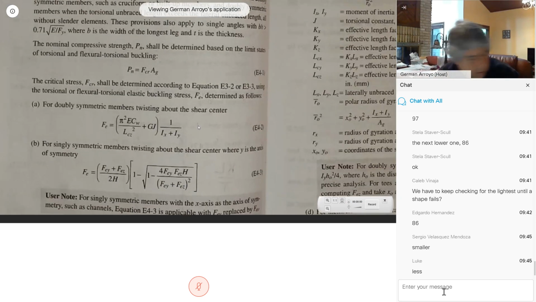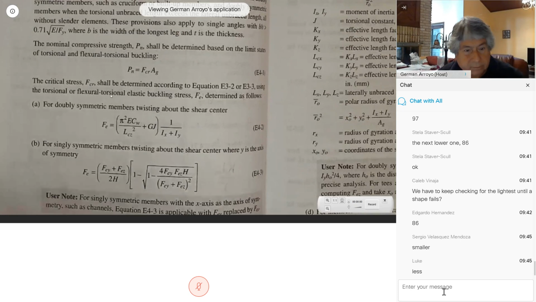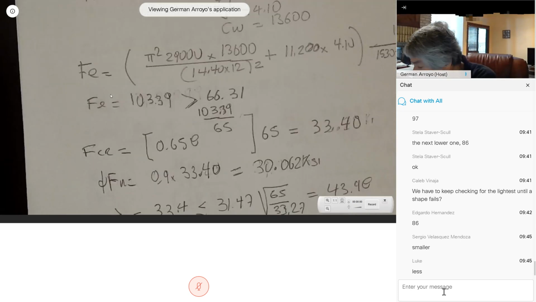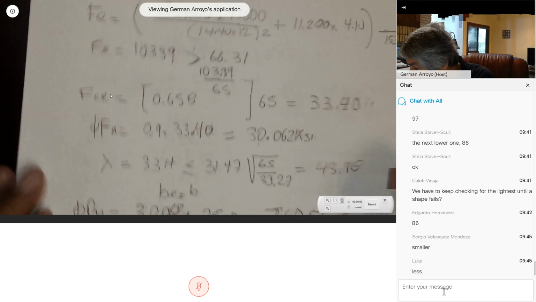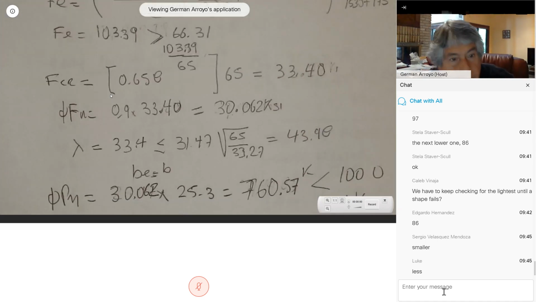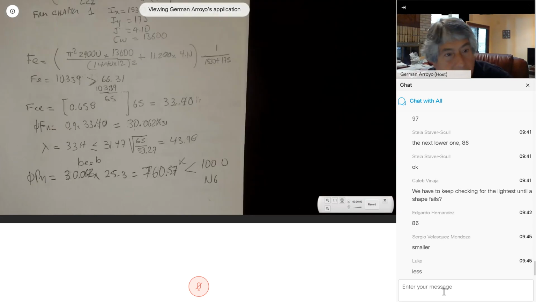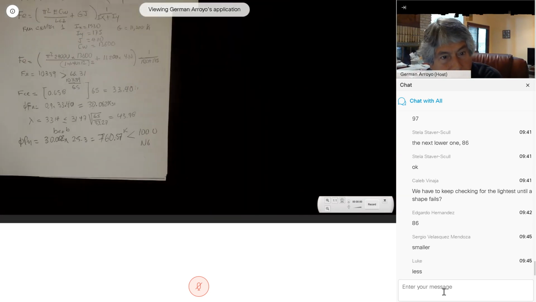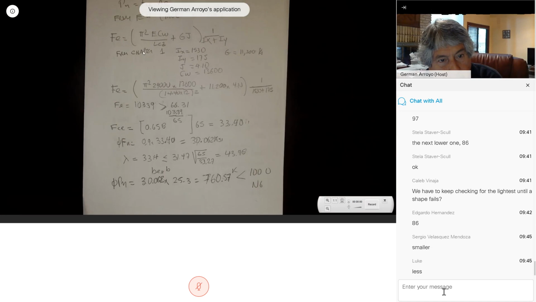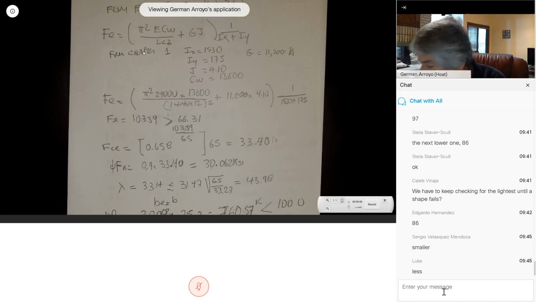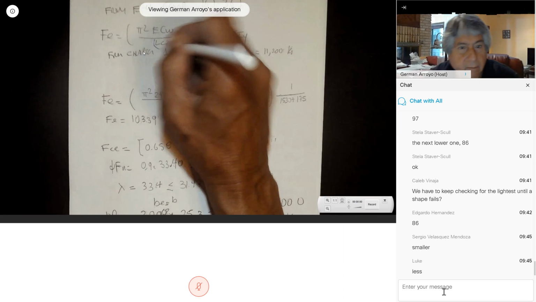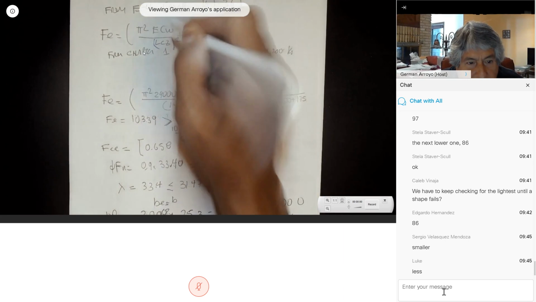And the square is missing in here. In this portion of the equation, the square is missing, but the square is in here.